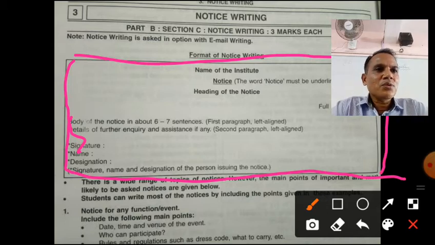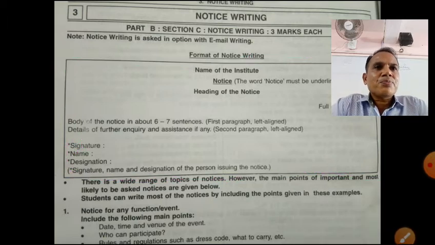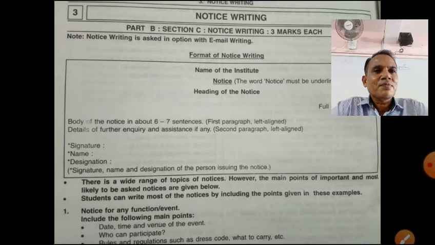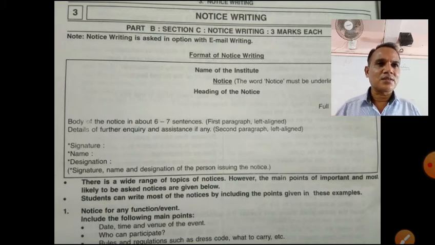So we have to write this question in a box, and here is the proper format of a notice writing, in which first we write down the name of the institution. For example, if the principal writes a notice, here we will write down SCM High School, Udna.